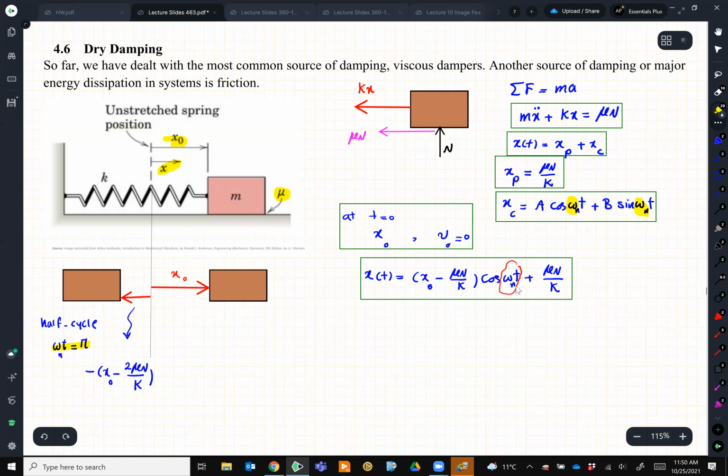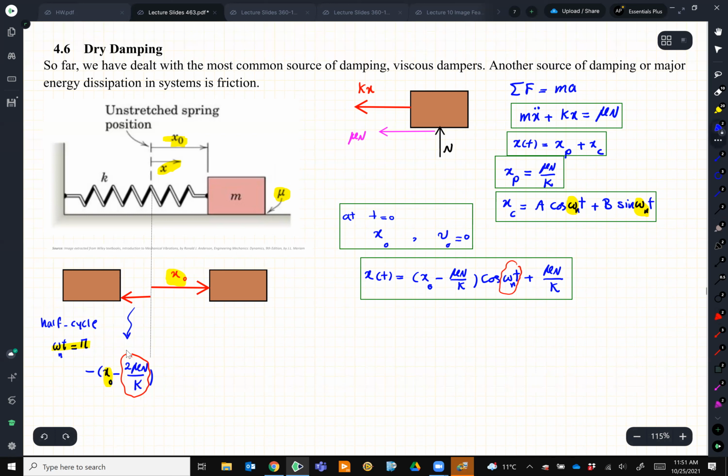It gets minus 1, and it gives you that value. So what it tells us is that you got from x0 to x0 minus this number. So it means definitely the amplitude becomes smaller, so it's not going to stay forever. When you have friction and you disturb it, the amplitude becomes smaller and smaller. How much smaller? In half a cycle, 2 mu n divided by k.